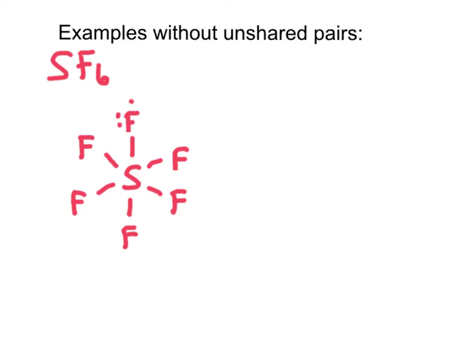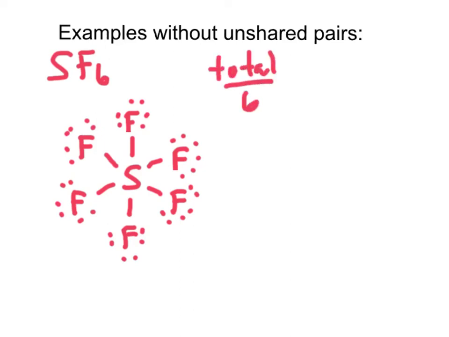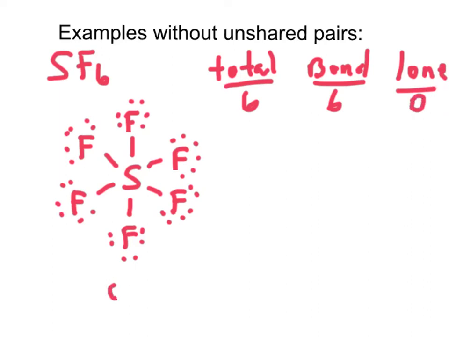And each of the fluorines will get 6 valence electrons added to get it up to an octet. So in the end, for total electron areas, we're going to have 6, where 6 of those are bonding, and we do not have any lone pairs on the central atom. This structure has an octahedral shape to it.